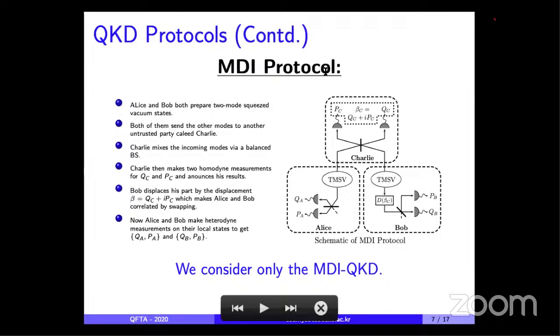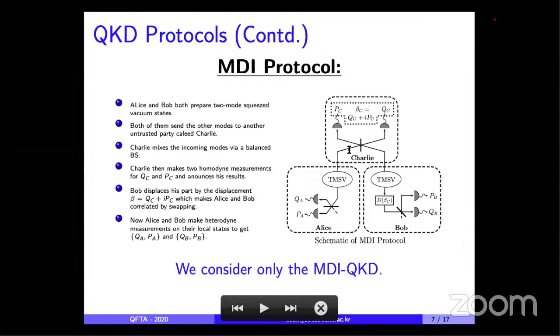In this MDI QKD protocol, you can see that there are two lengths involved. One is between Alice and Charlie, another is between Bob and Charlie. So one can say L_AC and L_BC. Now you can make different choices of L_AC and L_BC. In case L_AC equals L_BC, it is called the symmetric case. In the other case, it is called the asymmetric case.